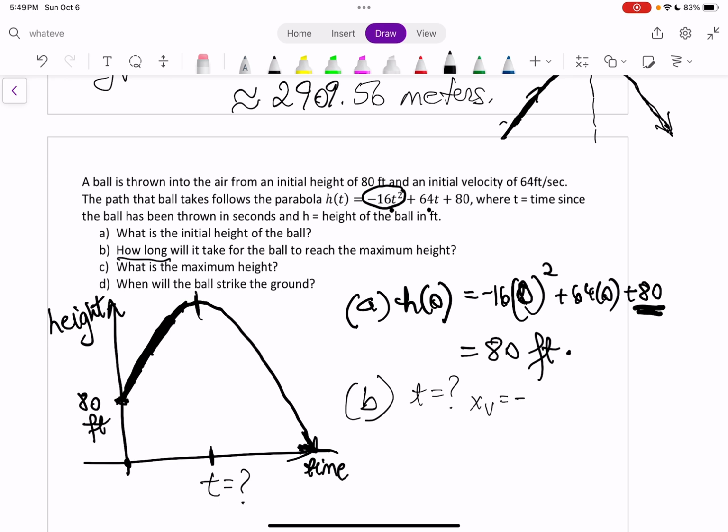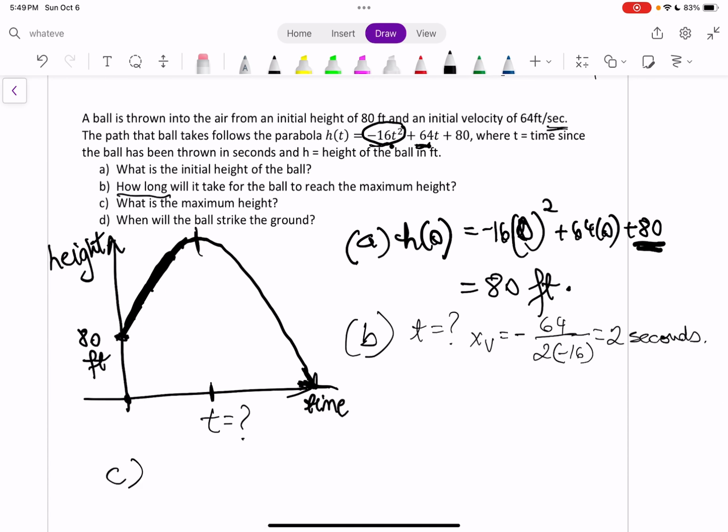So that's negative b, and b I see is 64, over 2 times a, and a I see is negative 16. So when you put this in your calculator, you're going to get 2, and these are seconds. So it's going to take 2 seconds. The ball is going to reach the maximum height, and it's going to start coming down.